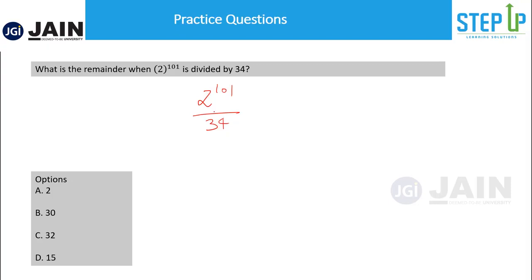It's not easy to find plus minus 1 form. That means what I can do is, 17 into 2 is 34, and I know 17 is closer to 16. That means I can write this as 2 to the power 100 into 2 upon 17 into 2, isn't it, right? I've just expanded it.